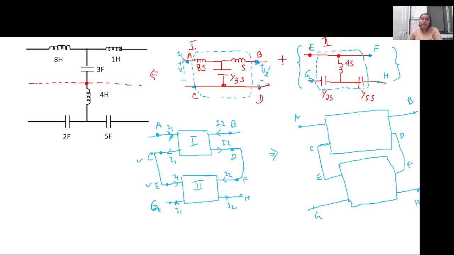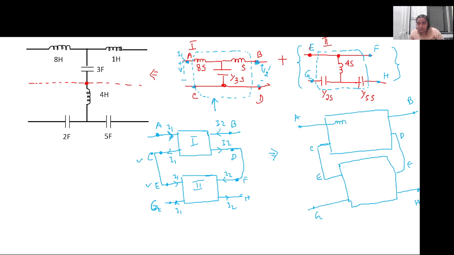In a two-port network it doesn't matter what is inside, since it is usually treated as a black box, but we know the circuit inside, so I'm drawing the connections exactly as it was.